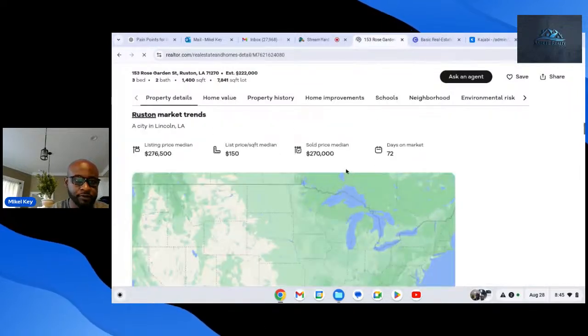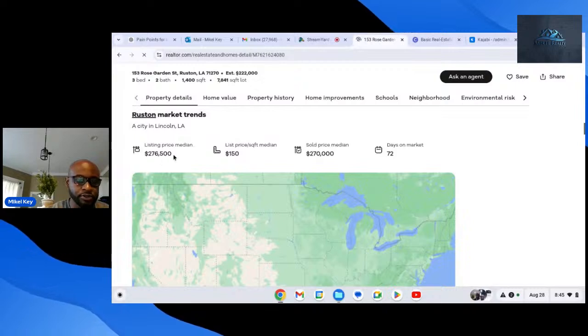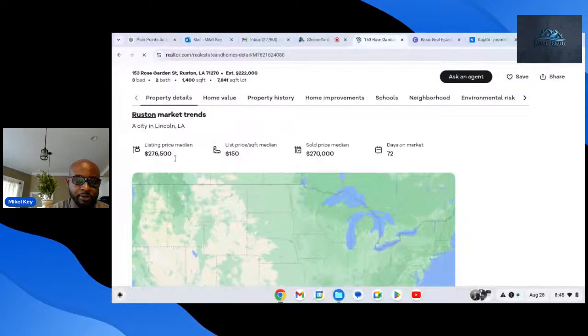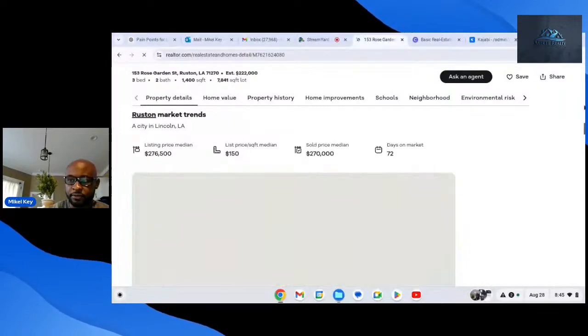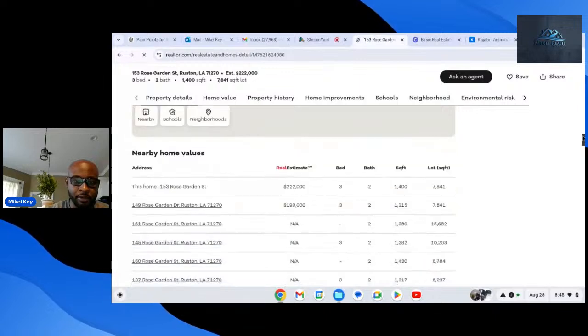See, in Ruston, if you go all the way down, it gives you the median listing price, so $276,000. The median list price per square foot, that's the price per square foot I was talking about, is $150 a foot. So if you play around with the data, it gives you all kinds of data.